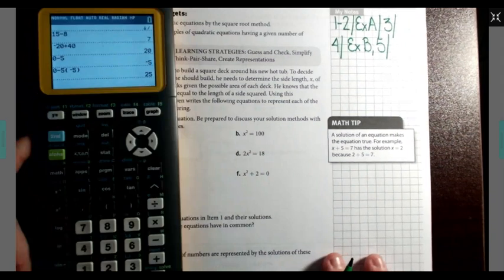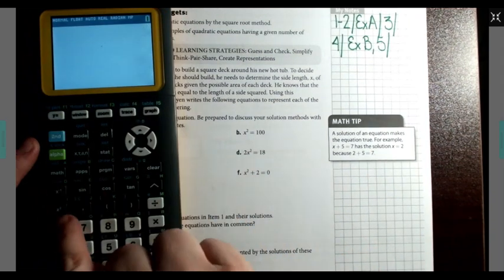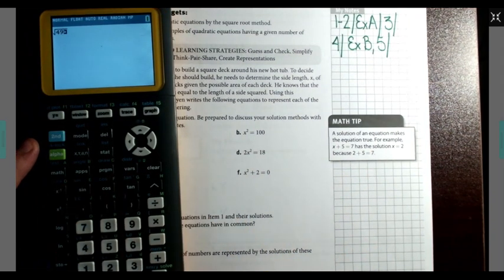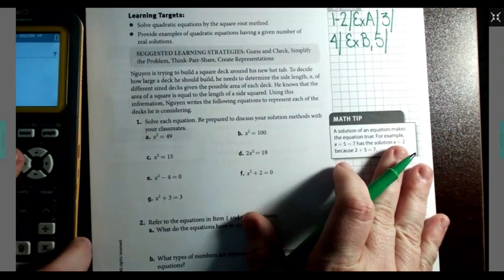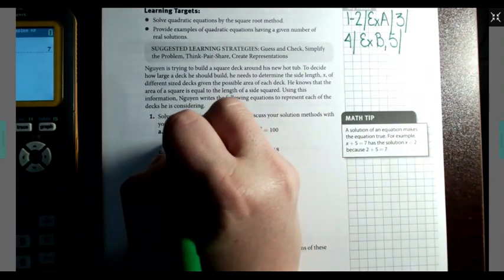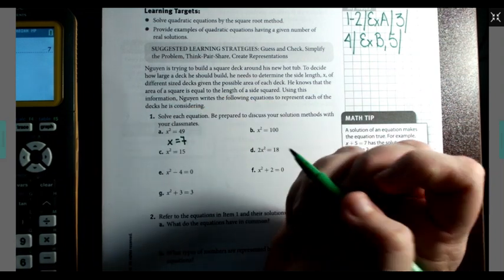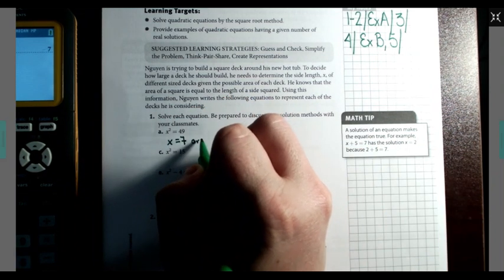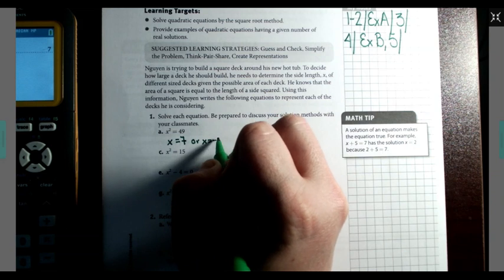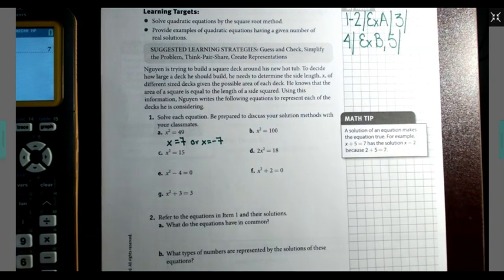So we could say the square root of 49, but please keep in mind that this could be x equals 7, or it could be x equals negative 7, because negative 7 times negative 7 is indeed 49.